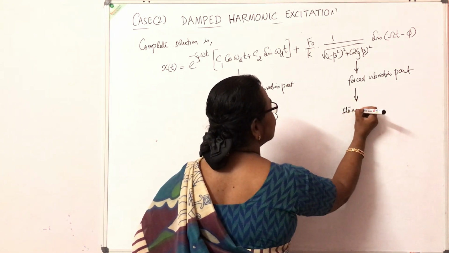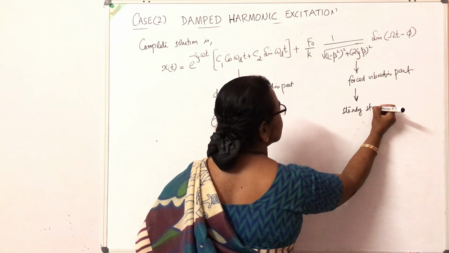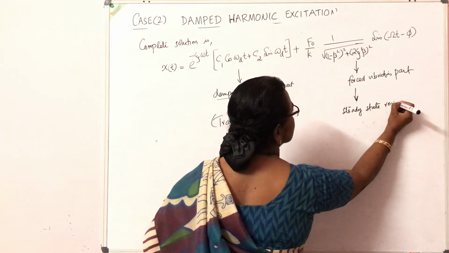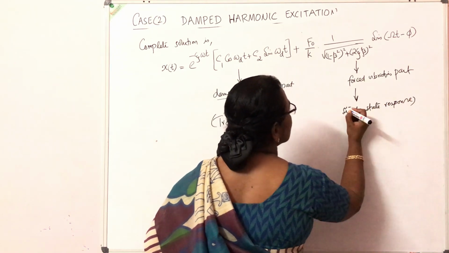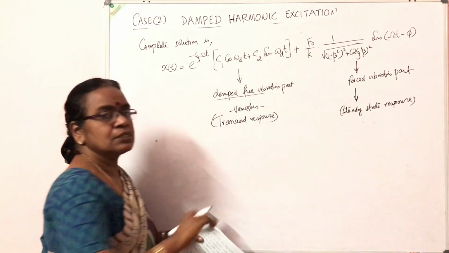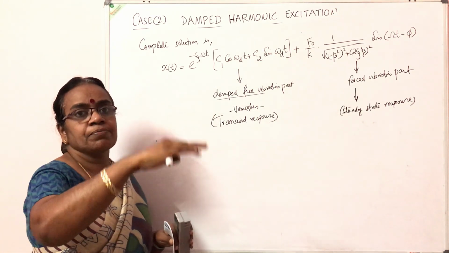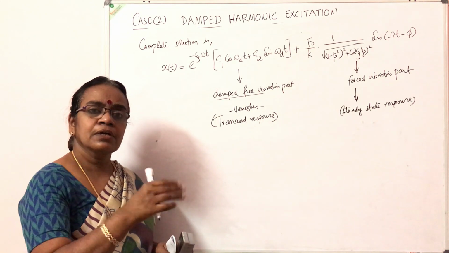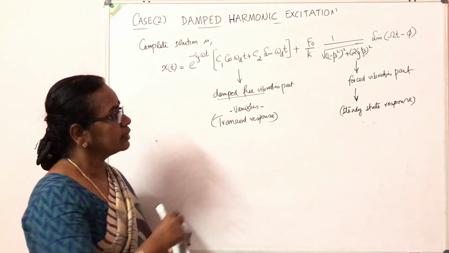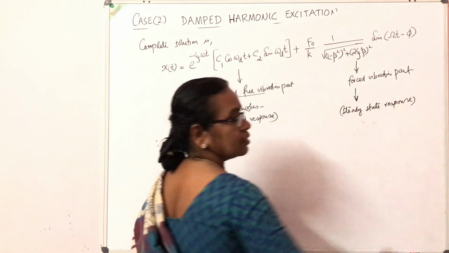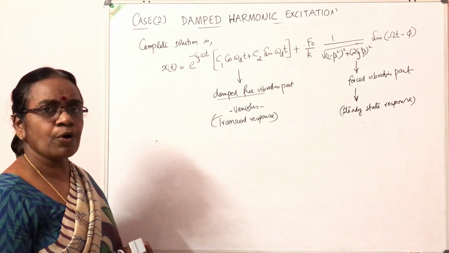And the next one is called the steady state response, because after the transient vanishes, the system goes on vibrating at the frequency of the external source, and that part remains throughout the motion or vibration.